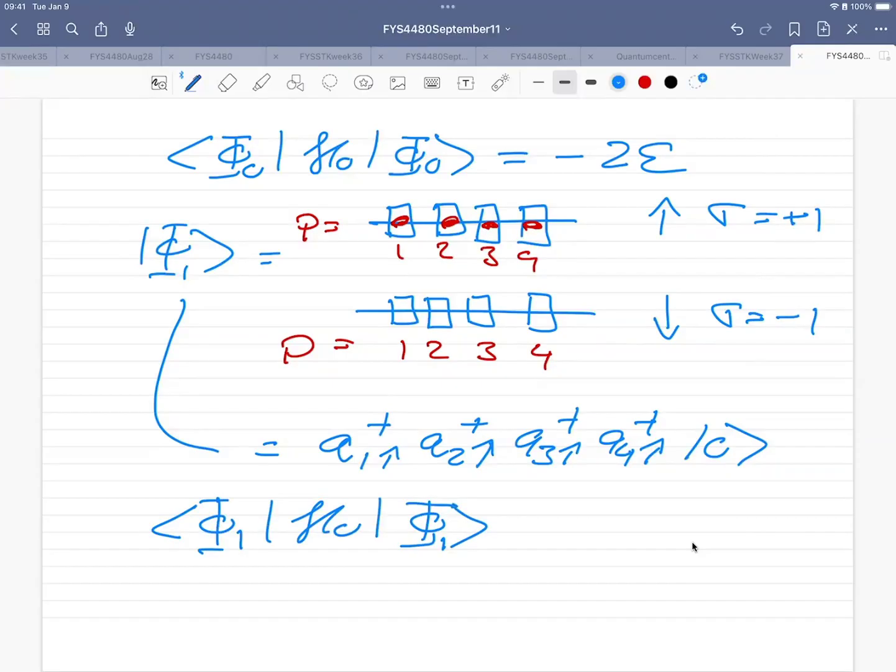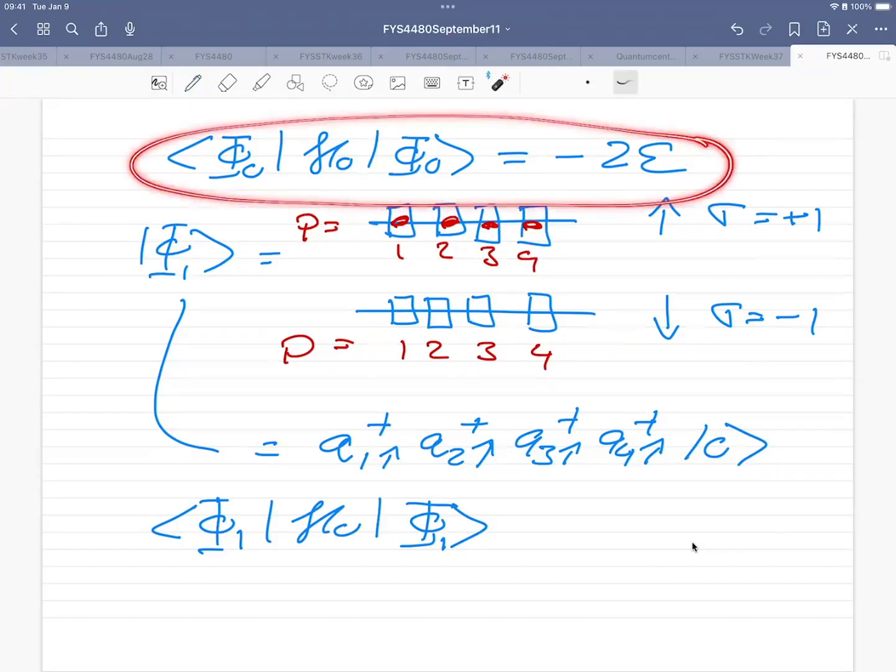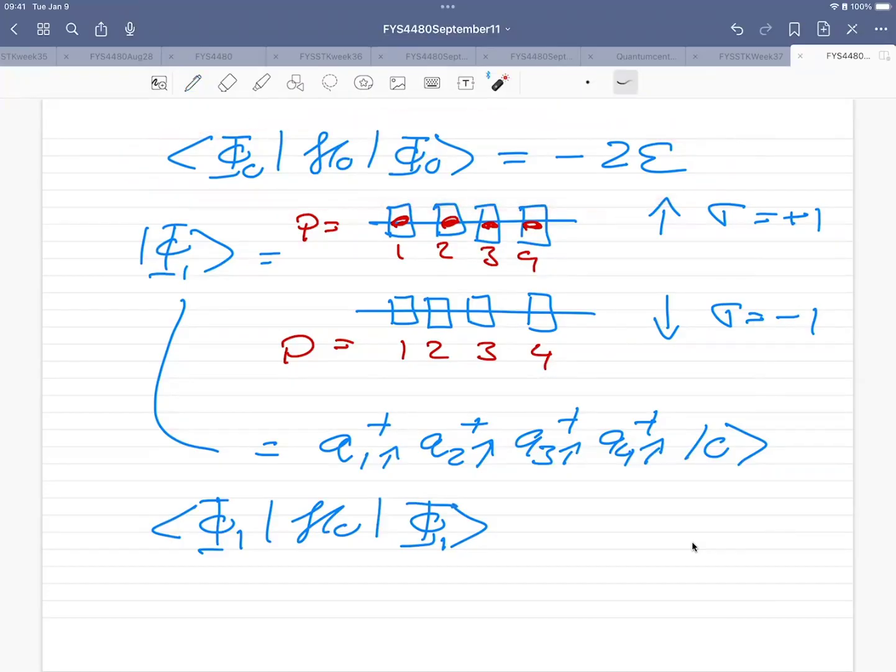And you look back at what, in the lowest lying state, we found: minus 2 epsilon. If you now look at it, without having done this expectation value, yeah, plus 2 epsilon, because the energy of every particle gives 2 epsilon. So if you follow this kind of thinking, what you could say is that the state which we define as phi 0 is a state with lower energy than the one which we define as phi 1, of interaction.